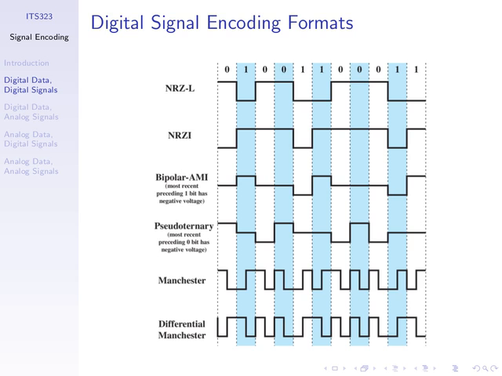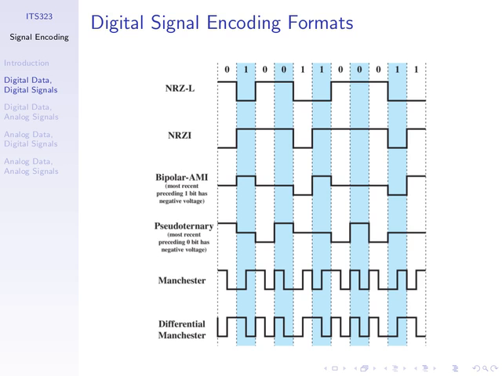Second one, non-return to zero, invert on ones. The I means invert here. See how it works? Whenever we have a bit 1, we change the level. Whenever we have a bit 0, we keep the level the same. We start with a low level just to get started. The first bit was a 0, the next bit is a bit 1, therefore we invert the level. We go from low to high.